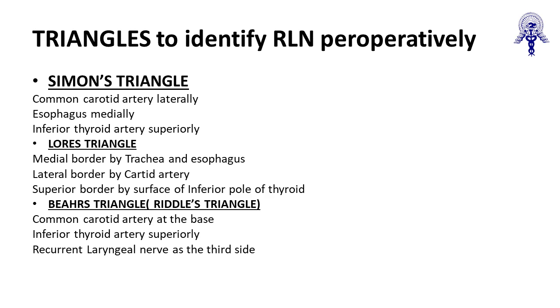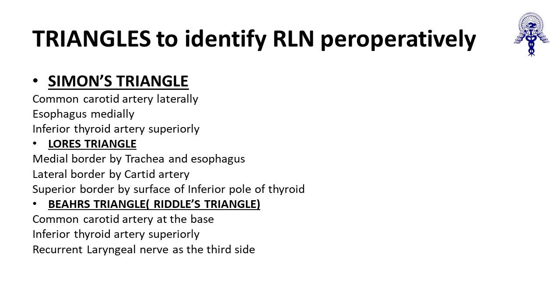And a few triangles that you should also keep in mind. One is the Simon's triangle. These are the triangles that describe the anatomical location of the recurrent nerve. Simon's triangle: the common carotid artery laterally, esophagus medially, and inferior thyroid artery superiorly.